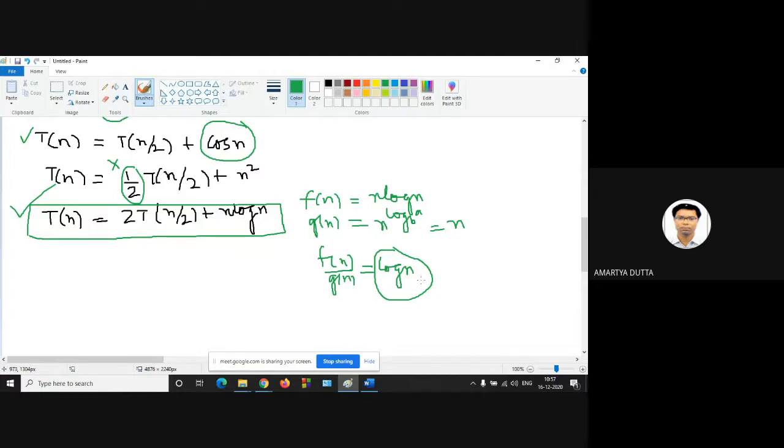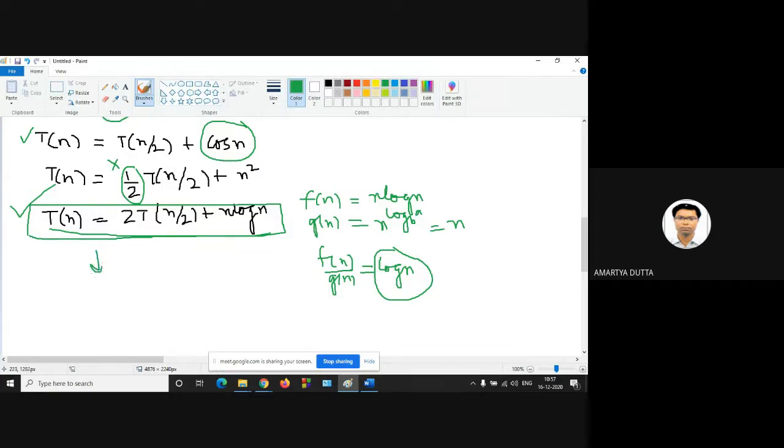Now log n is not asymptotically larger than n to the power epsilon for constant epsilon greater than 0. So this particular problem belongs to the gap between case 2 and case 3.